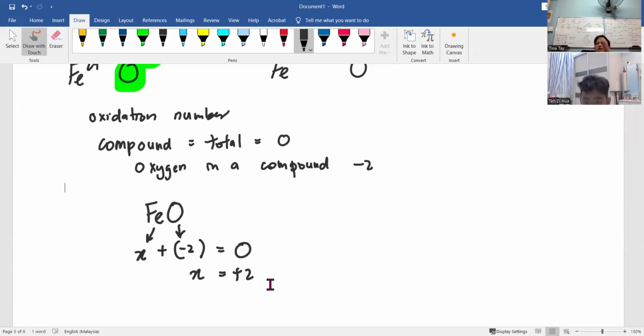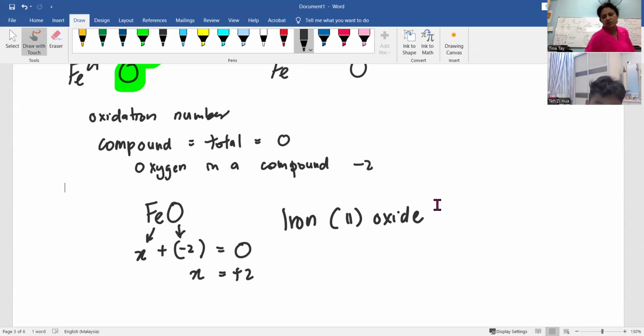So we say the oxidation number of iron in FeO, iron 2 oxide, is +2. Because of that, the name is iron 2 oxide. The name is iron 2 oxide because of the oxidation number of iron. You get it? It's +2. Do you understand?